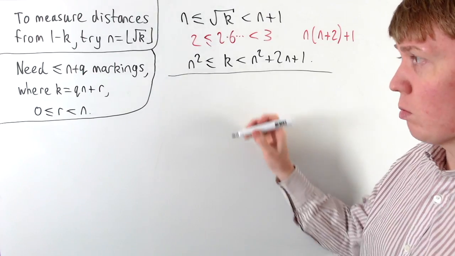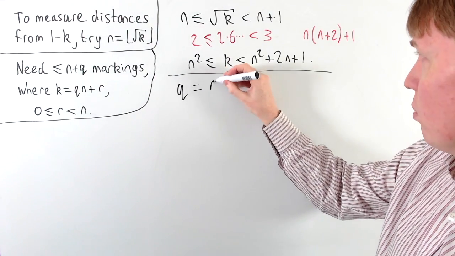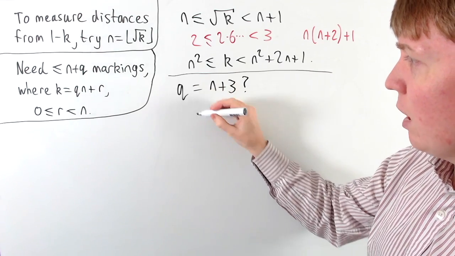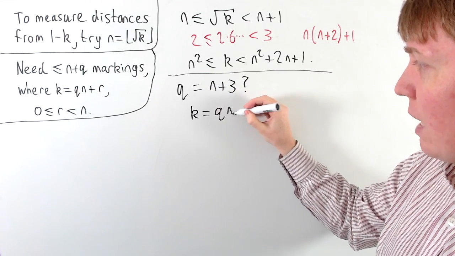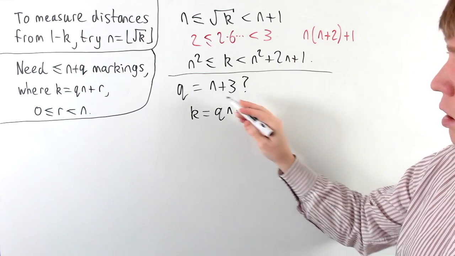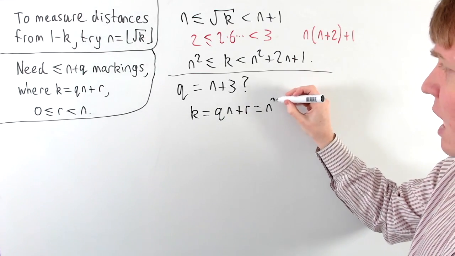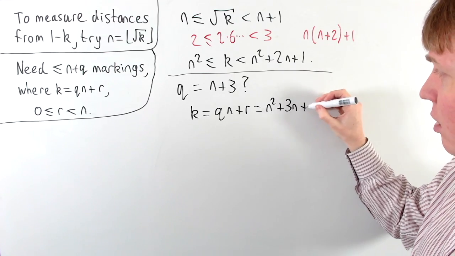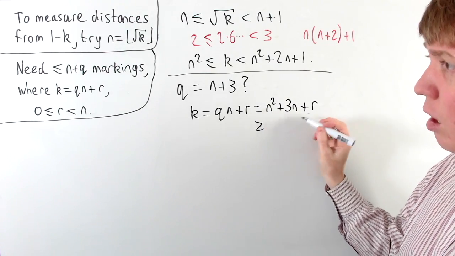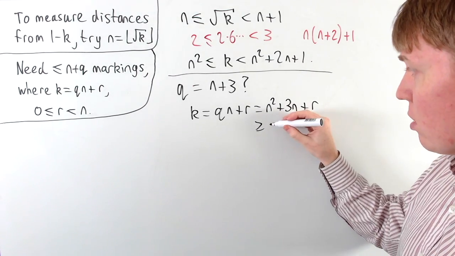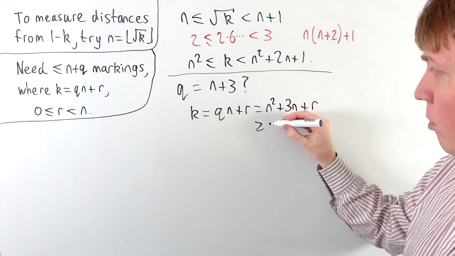And just to prove this, we could try, what if q was equal to n plus 3, or something even bigger perhaps? Then we would have k is equal to qn plus r, and q is equal to n plus 3, so (n plus 3) times n gives us n squared plus 3n plus r, and r is just our remainder term. This is greater than or equal to 0, so this is greater than or equal to n squared plus 3n.